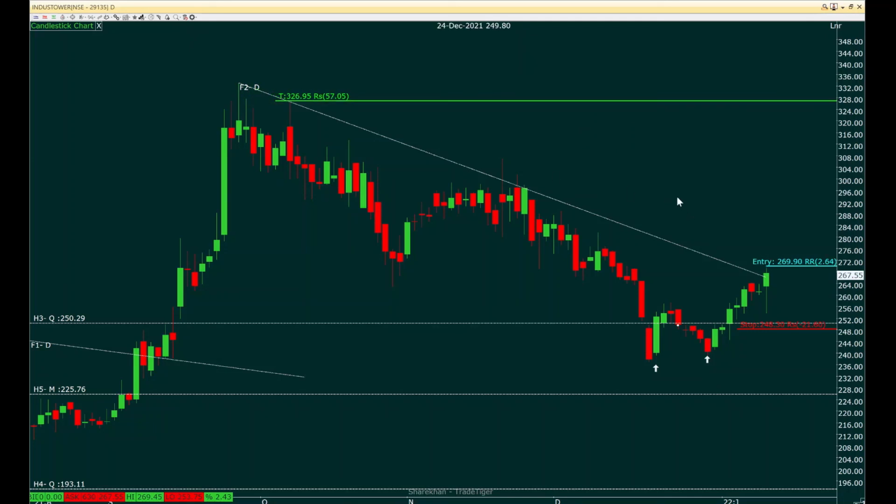I am not expecting that price will get stopped significantly around this area, but for a swing trade, what we can plan is that price will go up. It may face some resistance in this area and again in this area, but overall price should reach this level.